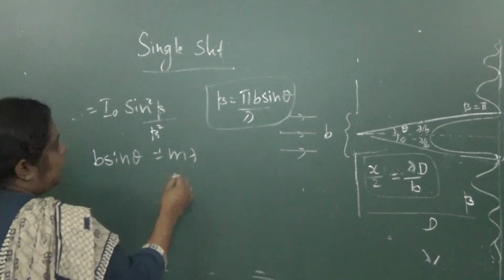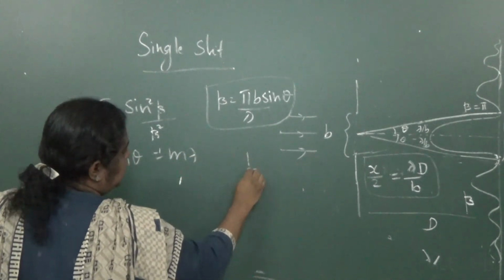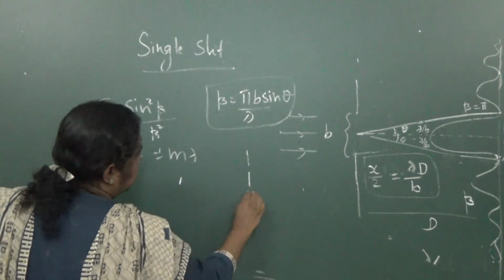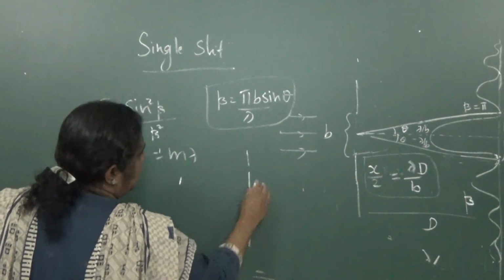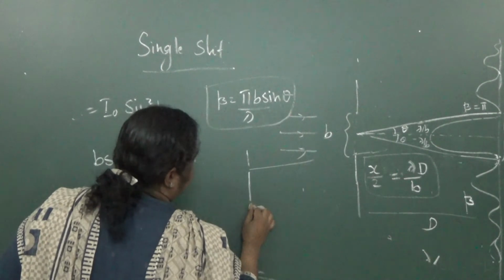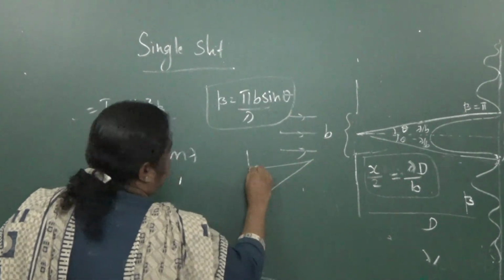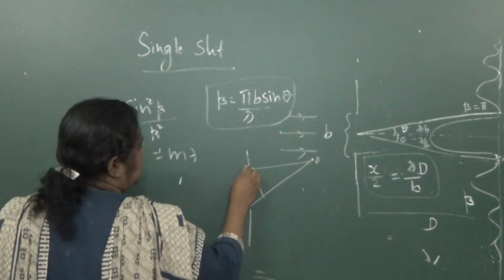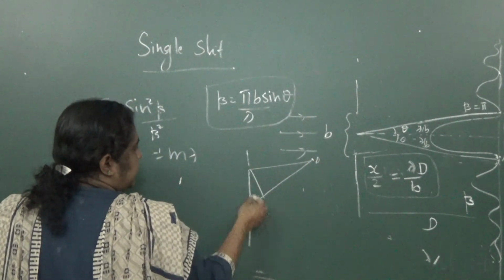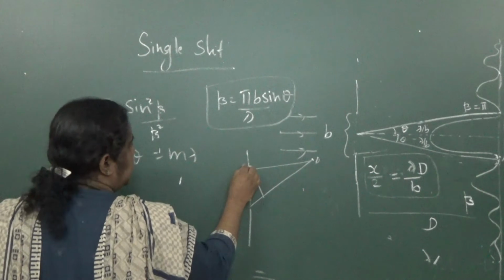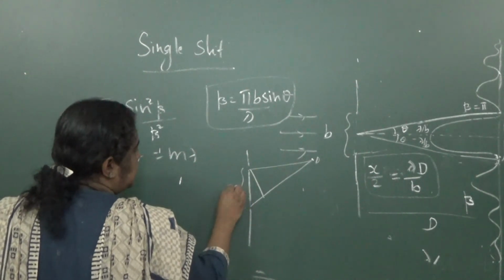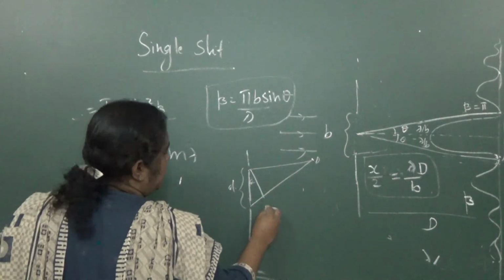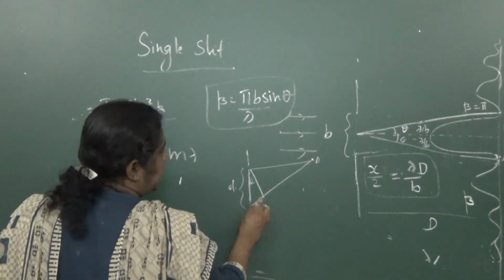In Young's double slit experiment, the point P is taken, and the distance between the two slits is d. Then this is our optical path difference.